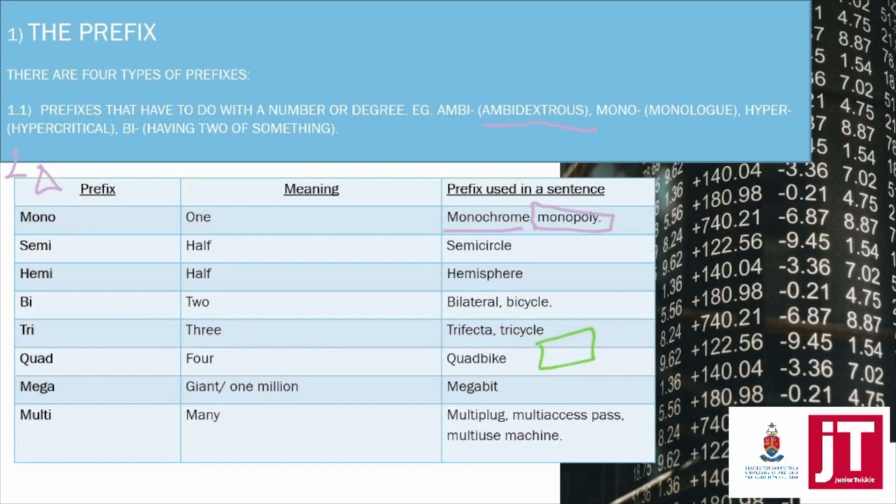Multi-plug is an example of a plug point that has like 10 different plugs for all of your electronics. Multi-access pass means that you can have access to multiple places in one space. Multi-use machine, it's a machine that doesn't just have one purpose. It's got multiple purposes. Okay, so you can use it for lots of different things.